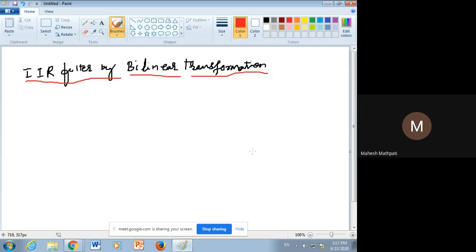Hence, we will discuss a different type of mapping, mapping from analog to digital domain, which overcomes the limitations of the impulse invariance method. Full stop.